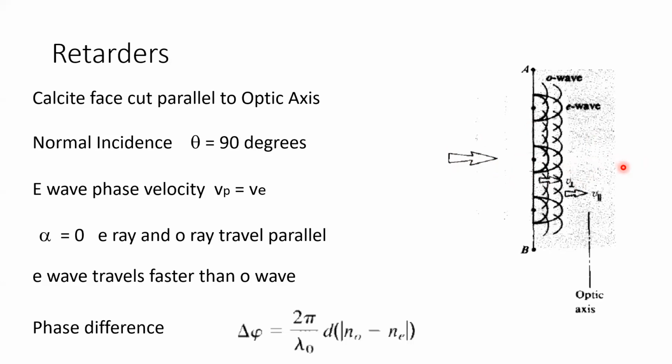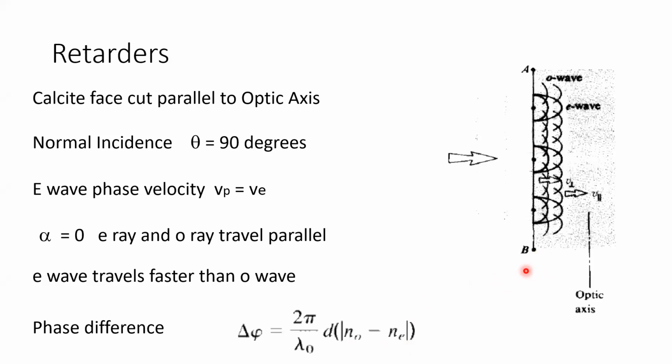It can convert a plane wave to a circular wave, and a circular wave to a plane polarized wave. It can do something with the elliptical wave also. So depending upon the width of these retarders and the refractive indices of the material, NO and NE, you can change the polarization character of the wave.